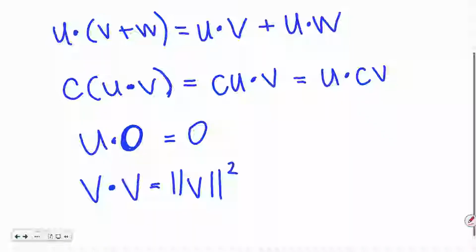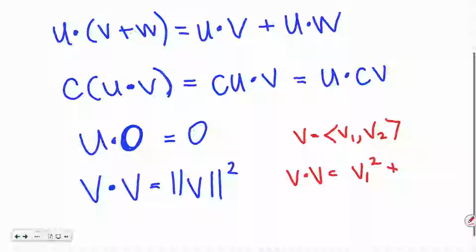Magnitude. So if we took the dot product, we would take v1 times v1, right? And we would take v2 times v2. And then that's what is underneath the radical. So when we square it, the radical goes away.